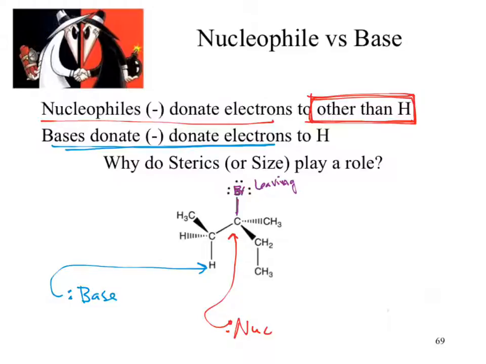It should be small. The bigger it is, the more likely it encounters other electron groups and repels away from its reactive site. That becomes problematic. So our nucleophile in general needs to be small.